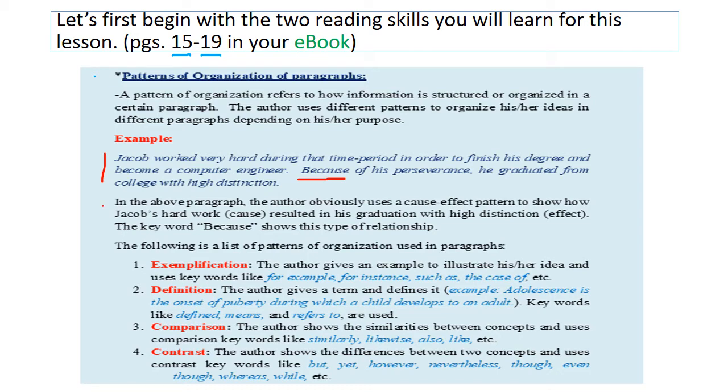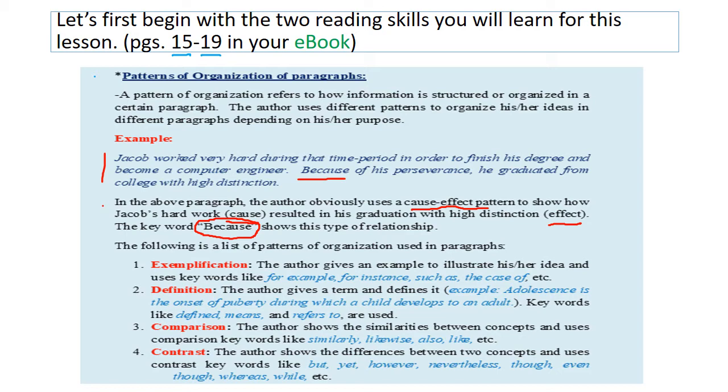Okay, in the above paragraph, the author obviously uses a cause-effect pattern to show how Jacob's hard work, which is the cause, resulted in his graduation with high distinction, which is the effect. The key word was because. In such questions, you always need to tell me the keywords, and this shows this type of relationship.